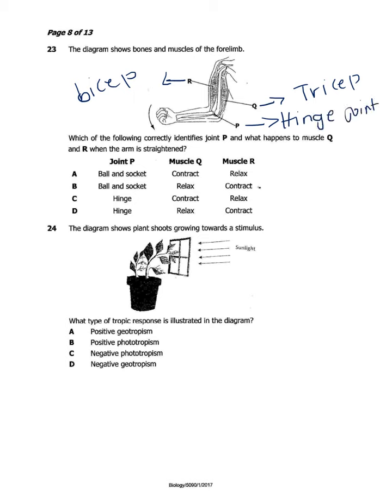Now the hinge joint is the joint that allows movement in one direction. We can see this arrow, there is only one direction. But here, the connection of the humerus with the scapula and the clavicle, we have the ball and socket joint. Now ball and socket joint allows movement in many directions.